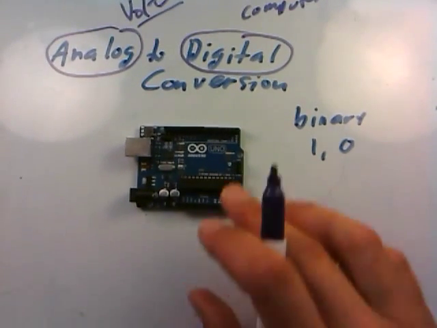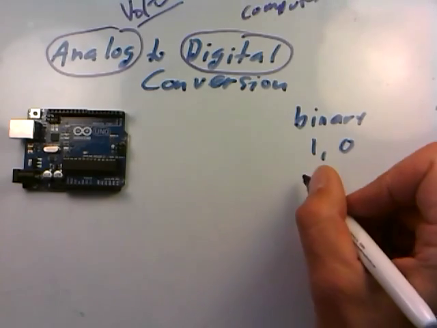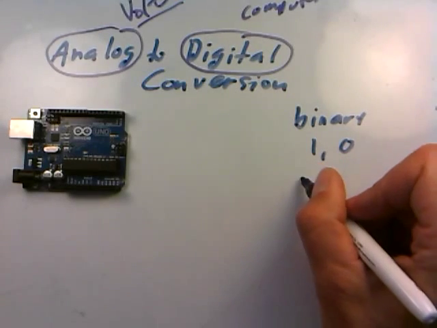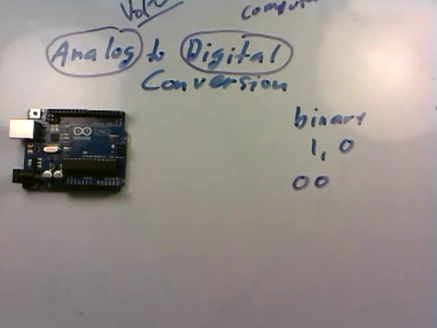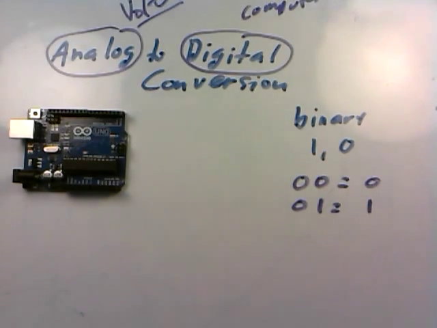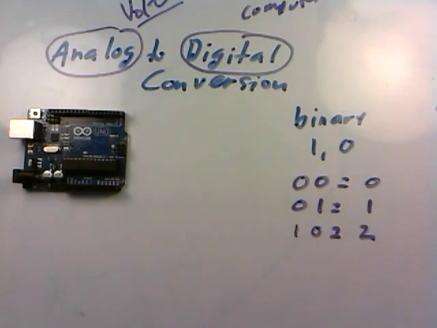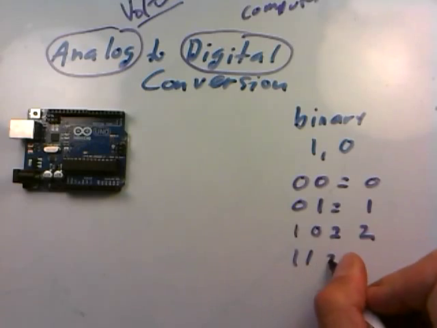Well, not to make things too complicated, but if you recall the binary number system, let's just look at a few bits here. If we look at a 2-bit system, we know that if both bits are 0, that represents the number 0. If we have a 0, 1 like that, that represents the number 1. If we want to go to 2, it would look like this. And if you want to go to 3, it would look like this.